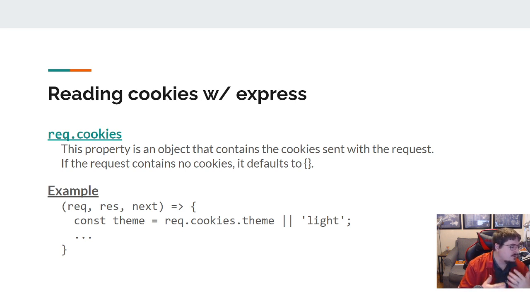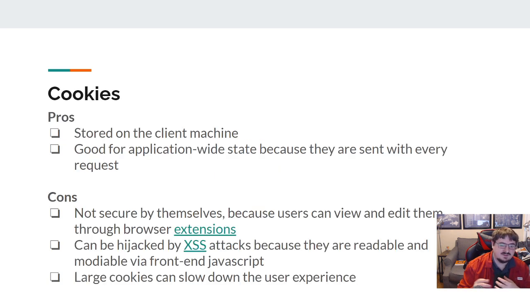So that object will always be there. request.cookies should never be null, but it may or may not have that property, especially if maybe you set the theme cookie but it expired. Well, then that theme cookie is not going to be there anymore. So don't assume that the cookie is there. If you're reading a cookie, you should always check if it has a value. Cool? Because that cookie could easily be deleted or expired.